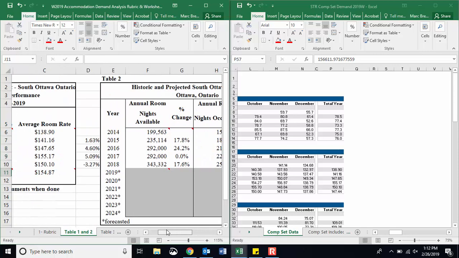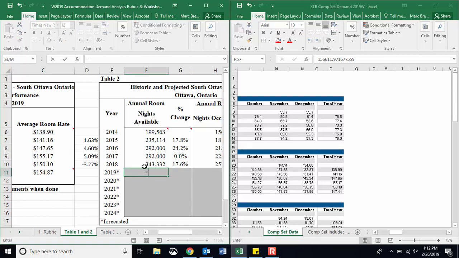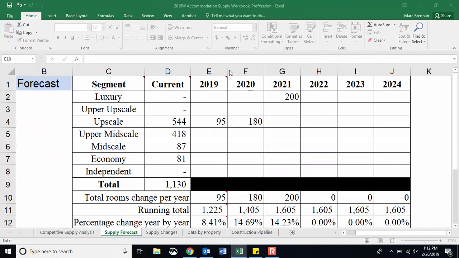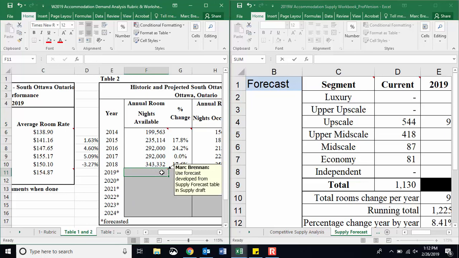Perfect. Now, this is where we saw some teams follow exactly the example laid out in class, and that's okay. It may have caused some confusion. What some teams did is they took this amount, and then they added in, if we take a look, there you go. This is the supply forecast table that I asked you to use. Use the forecast developed from the supply forecast table in the supply draft.